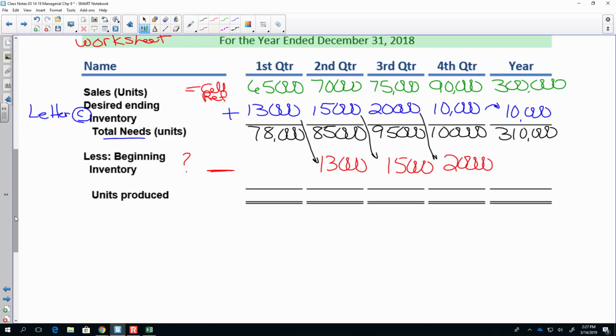The question is, how do I get the first quarter? You gave it to us at 0. If it's 0 in the beginning for the first quarter, it's also a cell reference as a beginning of 0 for the year. So the first quarter is the beginning of the year. So that is one and the same number. So now we do our subtraction.